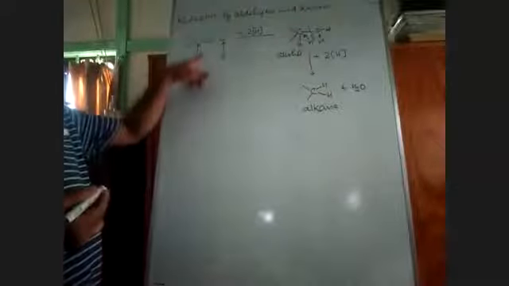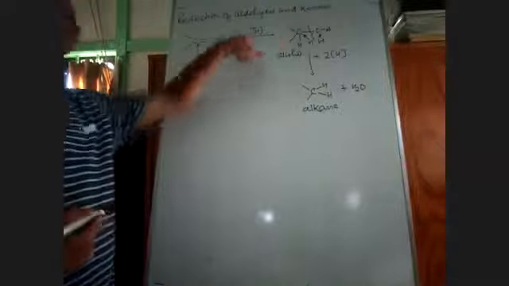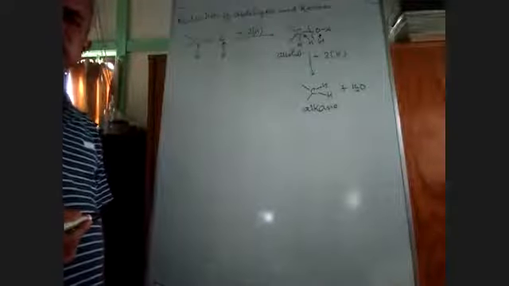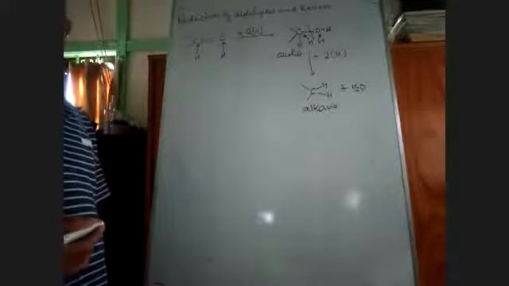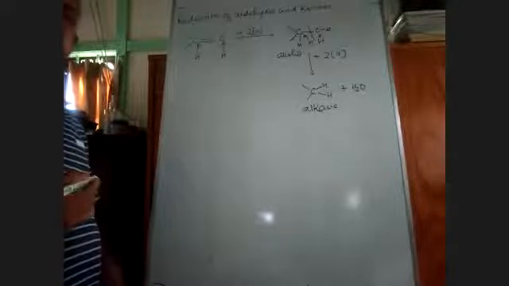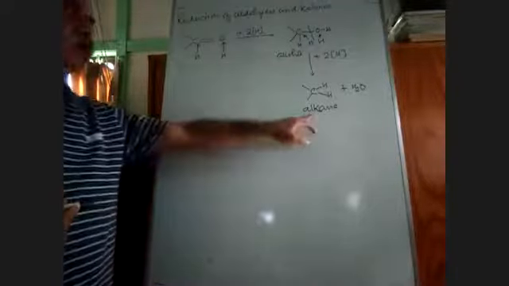Here, from here to here, this step is called partial hydrogenation. And from here to here, I can say it is a complete hydrogenation. Okay. So now by choosing the reagent, we can stop this reaction here, or we can go up to here.